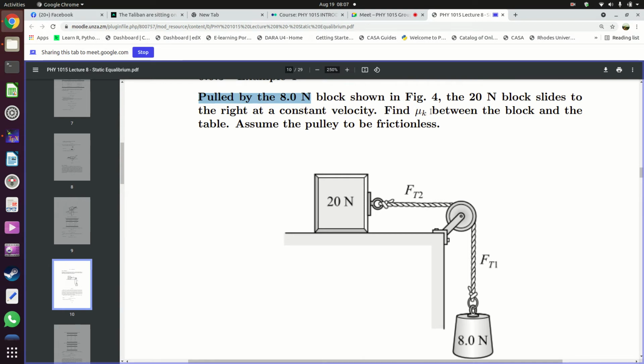Find the coefficient of kinetic friction between the block and the table. Assume the pulley to be frictionless.